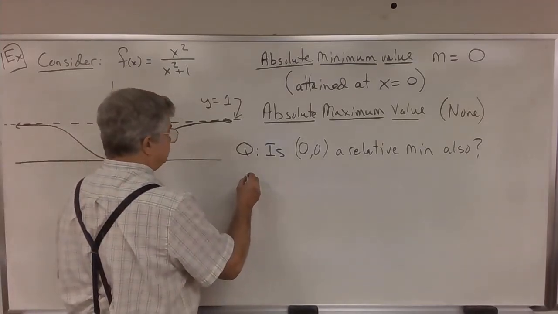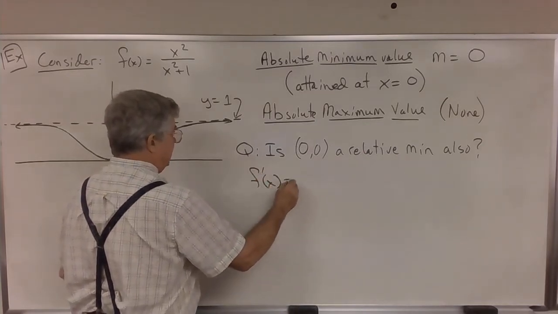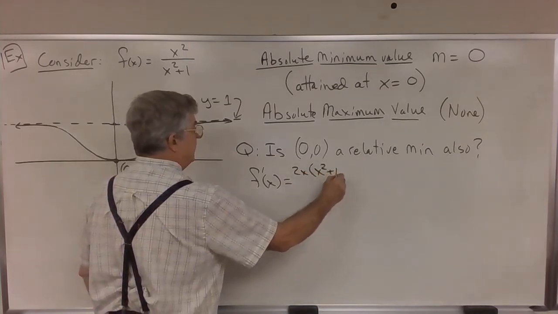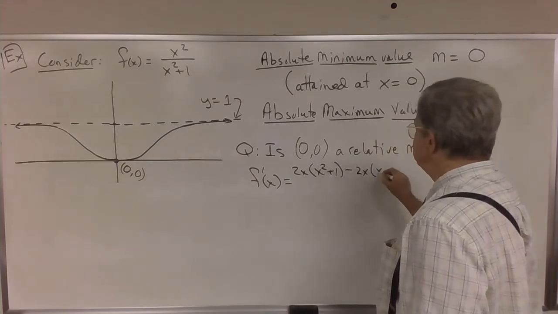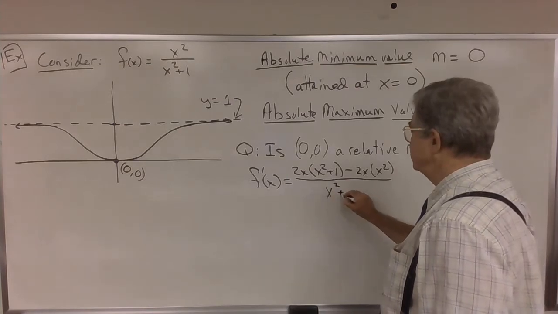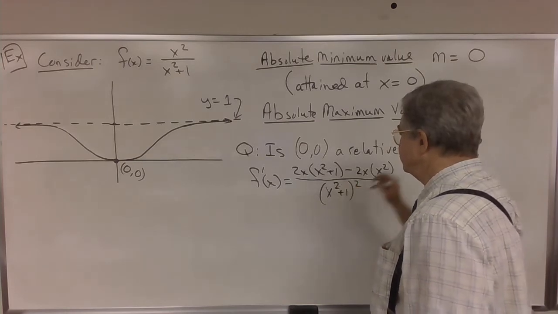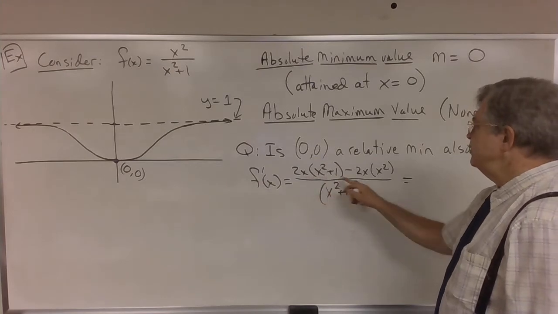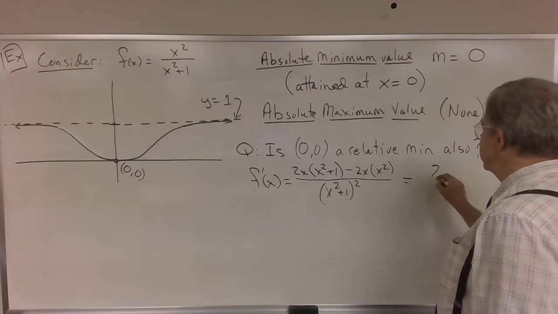So let's see. Let's compute the derivative. And we get top prime times the bottom minus bottom prime times the top all over the bottom squared, and we have 2x cubed minus 2x cubed is 0. 2x times 1 is 2x.